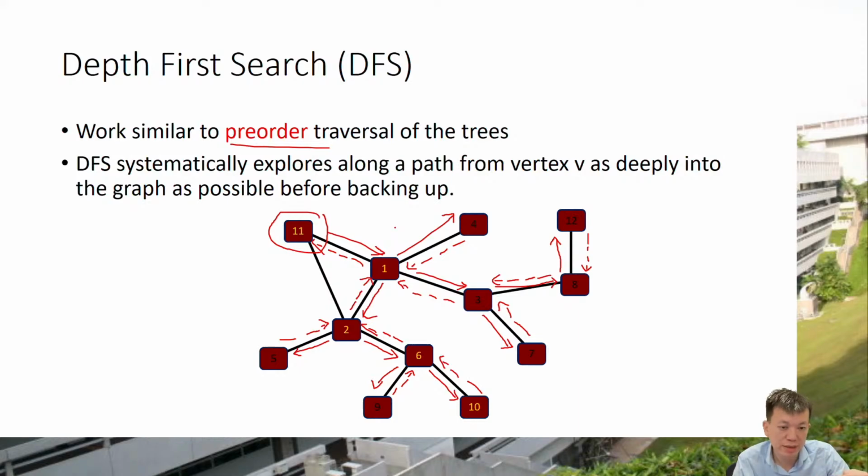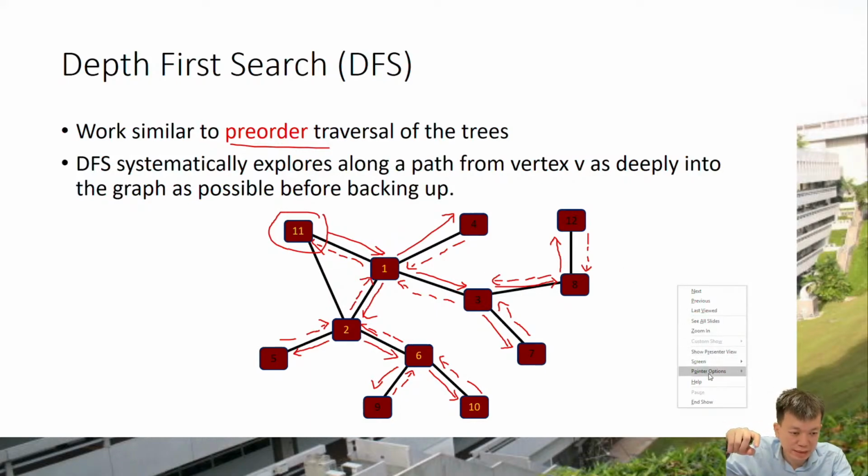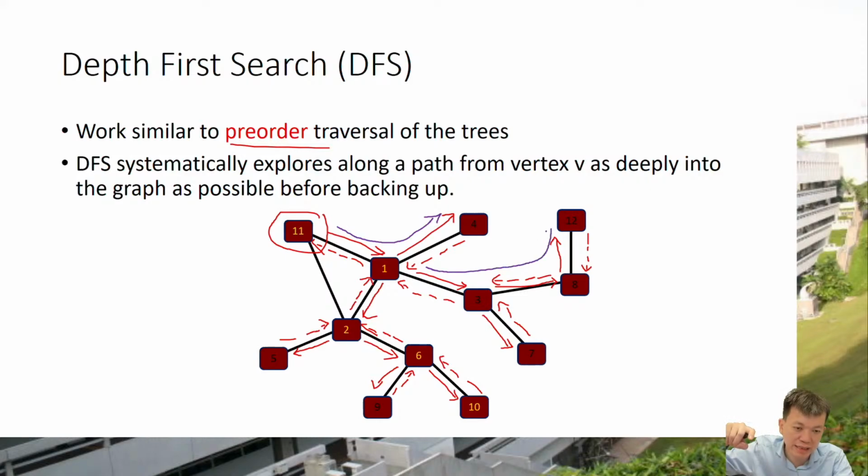The rest, you store in some place, so that later you can come back to them. I try to visit as far as I can. When I reach a certain point with no more, I return back to the previous one, then start visiting another path as far as I can.